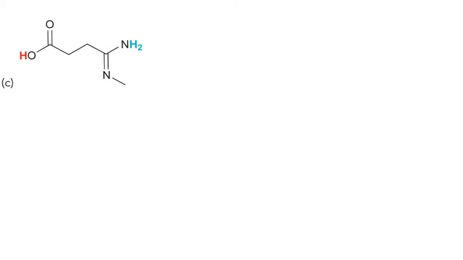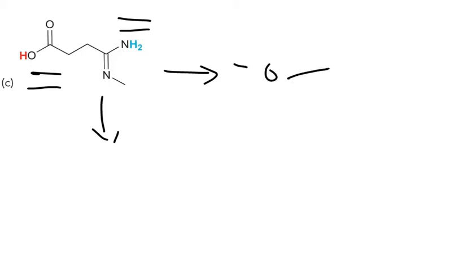Here's another example, and what we're going to be comparing is this red proton here and these blue protons here on this amine, right? And again, in order to do the comparison, we need to look at the conjugate base for each one. So let's do this.